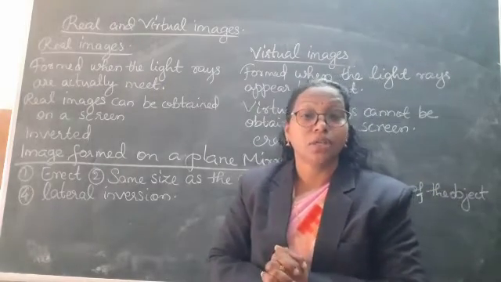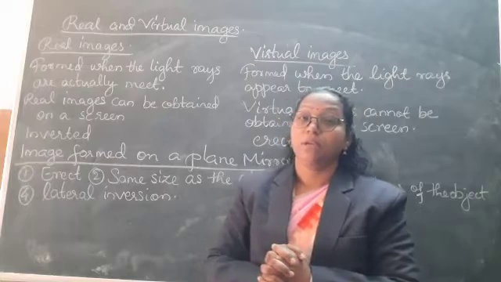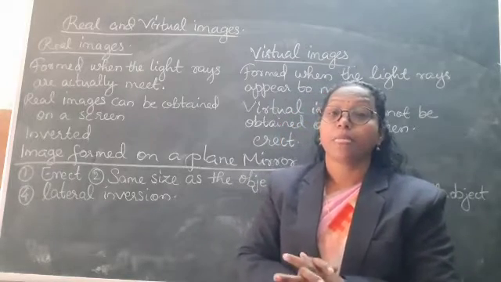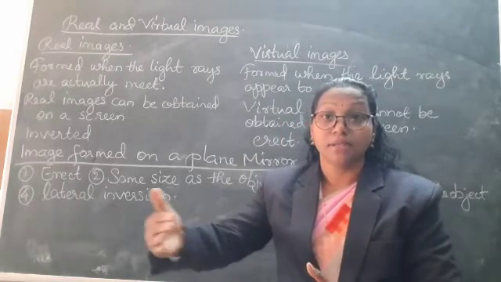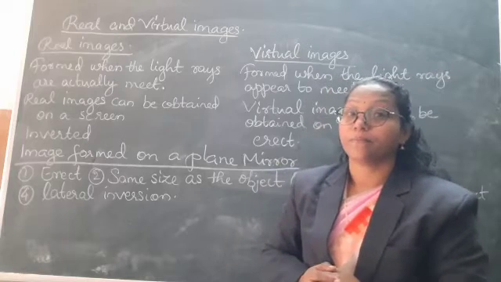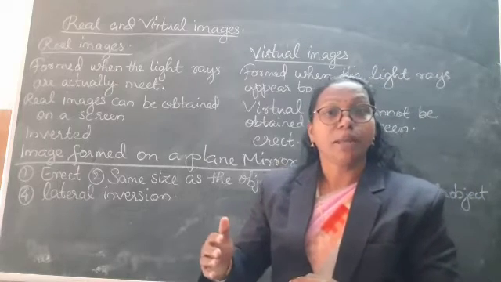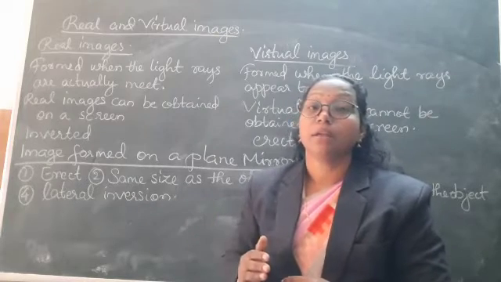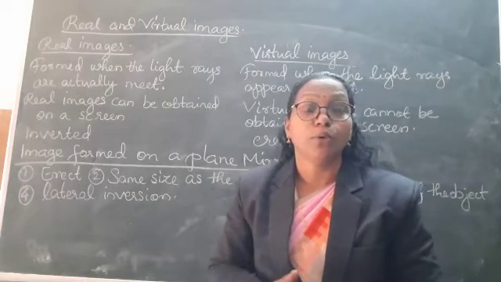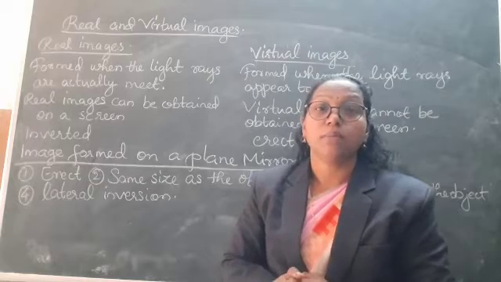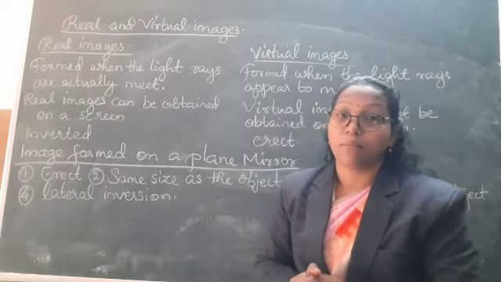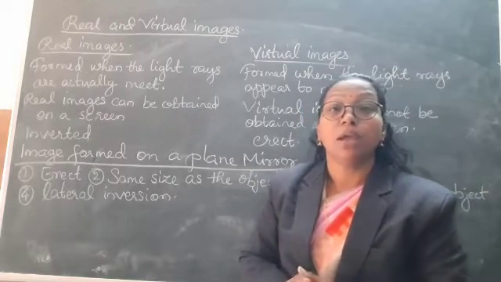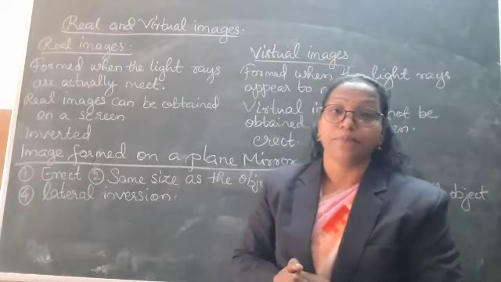In that direction we see the image. The image will be seen as somewhere inside the mirror. But if we place a screen at the back of the mirror, no image is formed on the screen. Such an image is the virtual image. The image cannot be obtained on a screen.